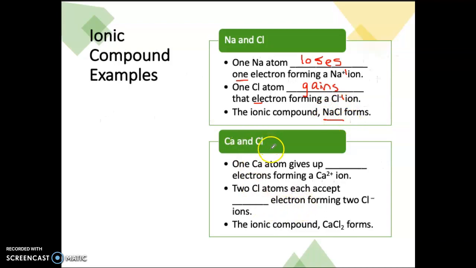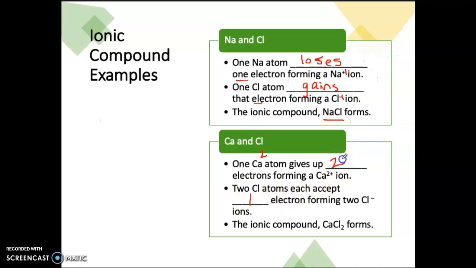Looking at calcium and chlorine, calcium is in group 2, and so it will lose 2 electrons. When it loses 2 negative electrons, it ends up with this +2 charge. The chlorines usually each accept only 1 electron.